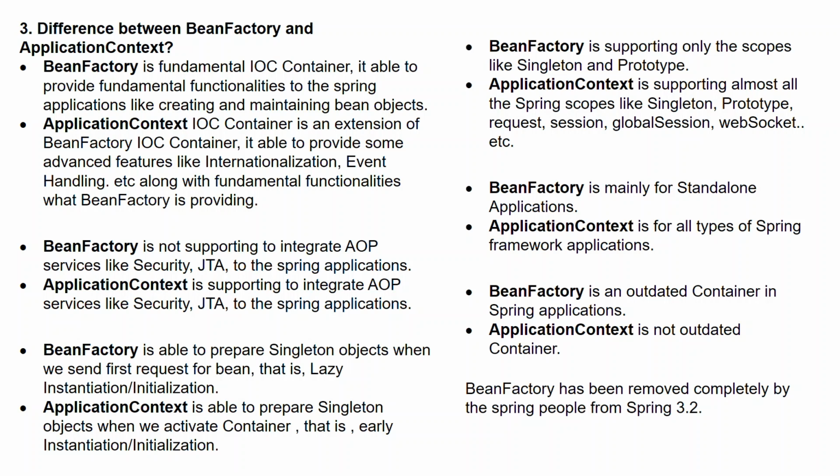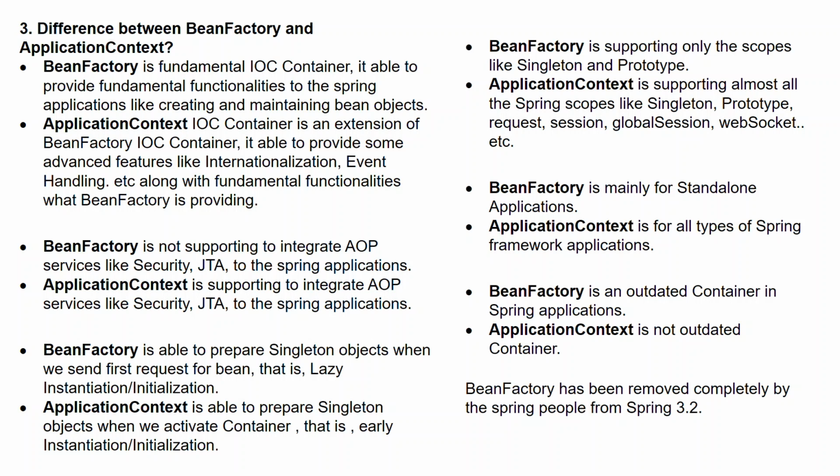BeanFactory supports only the scopes singleton and prototype. ApplicationContext supports almost all the Spring scopes like singleton, prototype, request, session, global session, WebSocket, etc. BeanFactory is mainly for standalone applications.